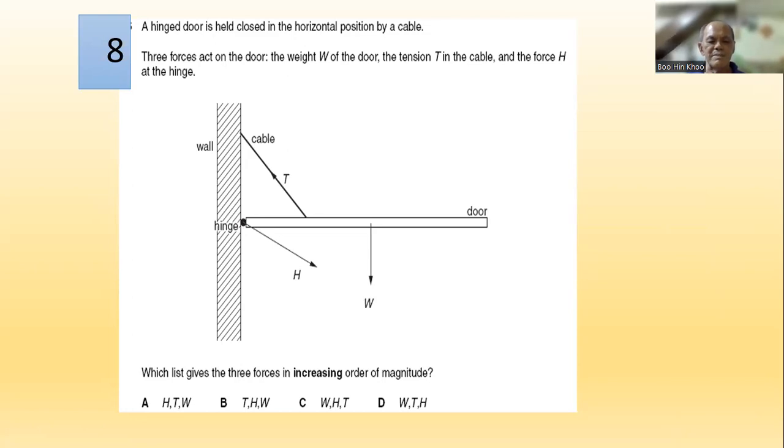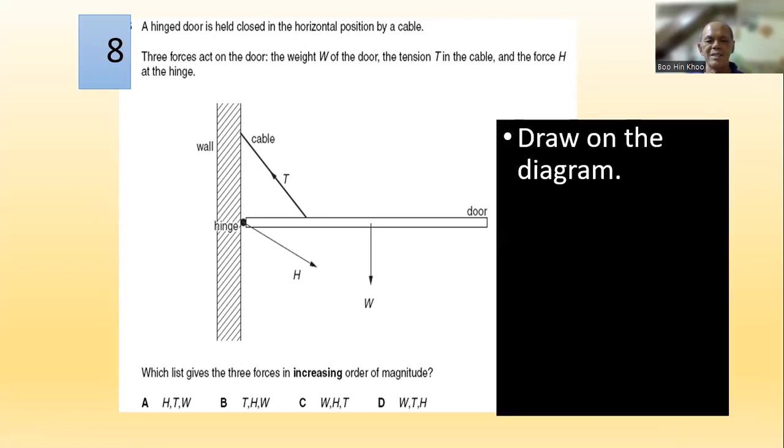So the three forces must pass through a point. Draw on the diagram. Because we want the magnitude, the force direction must be quite accurate. W plus T plus H, that's your vector equation.